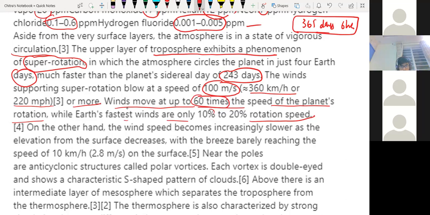On the other hand, the wind speed becomes increasingly slower as the elevation from the surface decreases, with the breeze barely reaching about 10 km per hour, which is nothing but 2.8 meters per second, on the surface. Why?